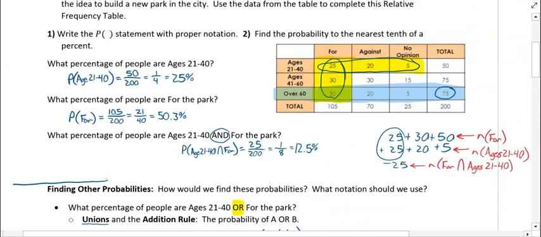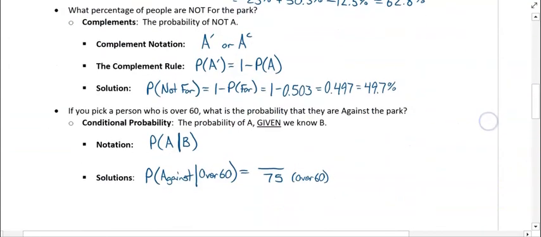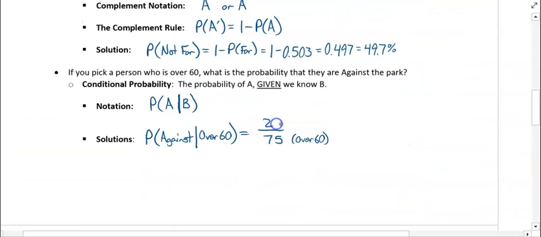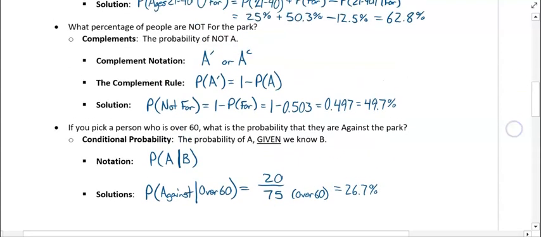Well, look at that. There's 20 right here who are against the park. So that's 20 out of 75 people over 60 who are against the park. Okay, and then we can figure out what that is as a decimal or a percent. That would be 26.7%. Okay, so that's our given probability.